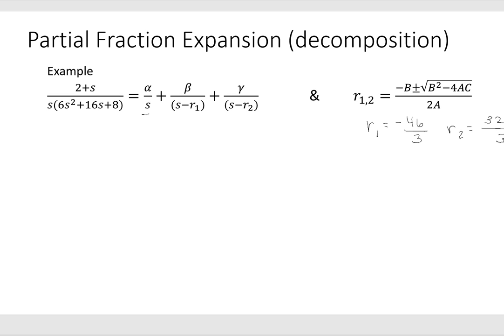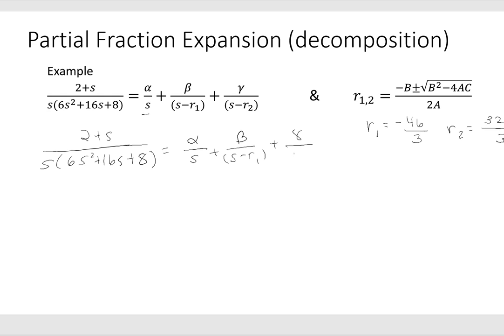So now when we plug this in, we can see that we get (2 plus s) over s times (6s squared plus 16s plus 8) is equal to alpha over s plus beta over (s minus R1) plus gamma over (s minus R2).